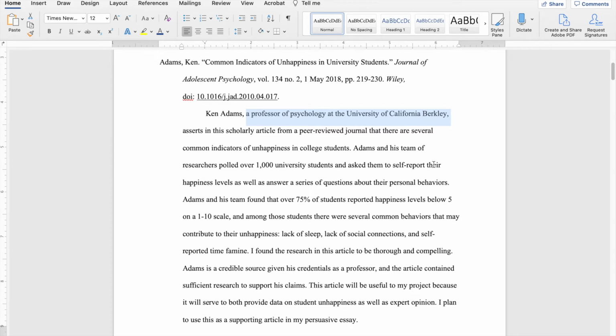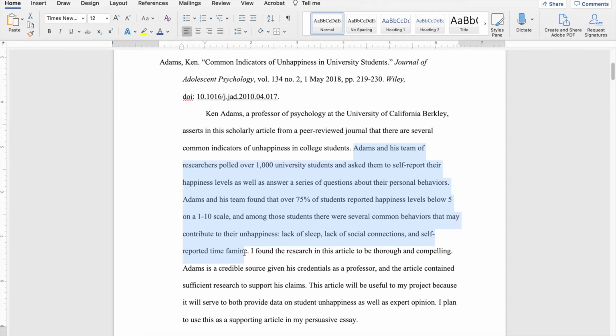This is probably going to make up the majority of your summary, and you can see that it's done here. Adams and his team of researchers polled over 1,000 university students and asked them to self-report their happiness levels, as well as answer a series of questions about their personal behavior.